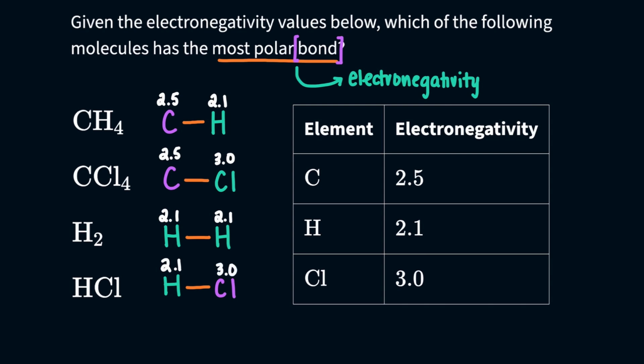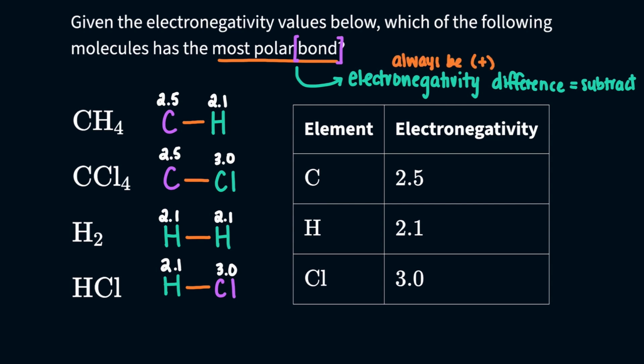Now, in order to find out the most polar bond, we take those electronegativities and find something called an electronegativity difference, which means we're just performing subtraction. But in order to find the true difference, always know that it's an absolute value, which means the electronegativity difference will always be positive.